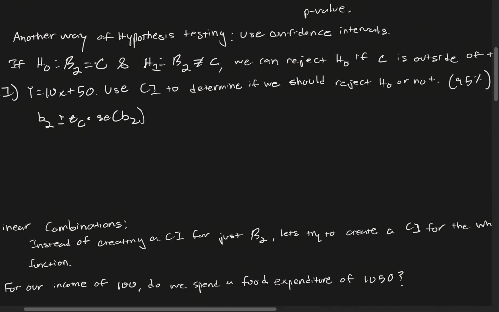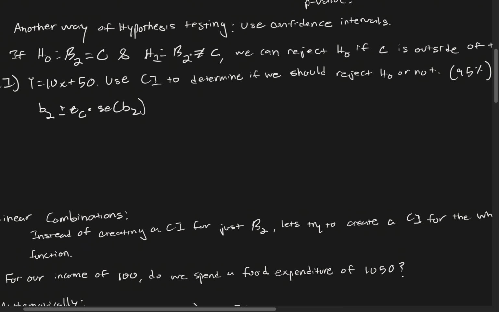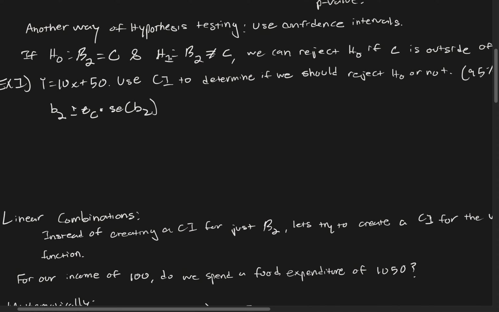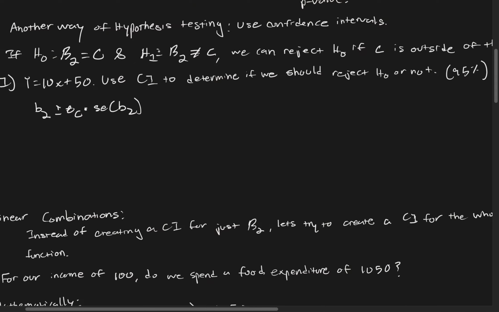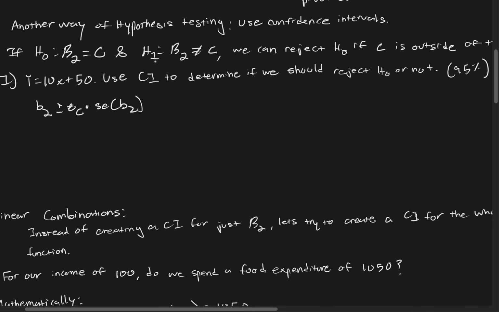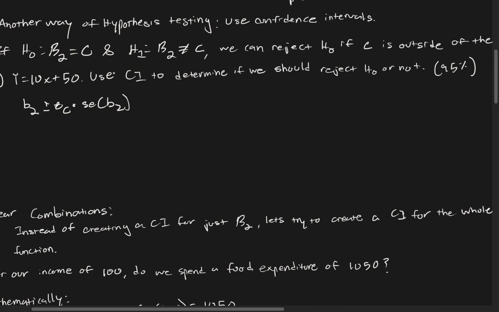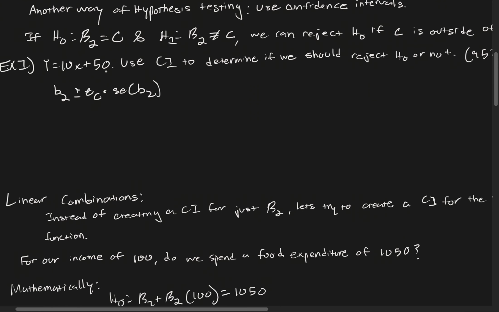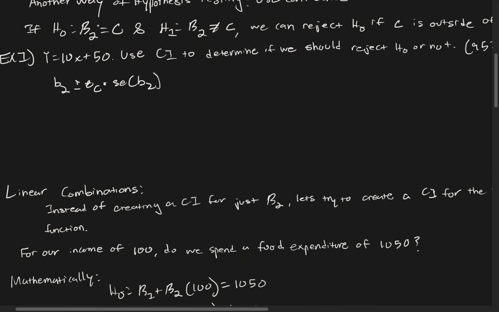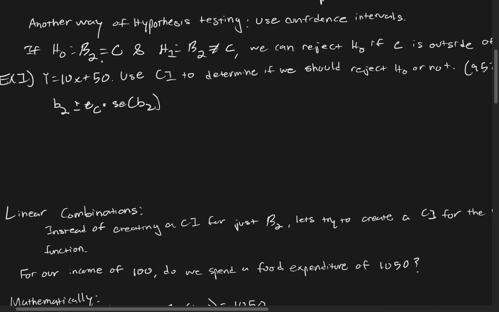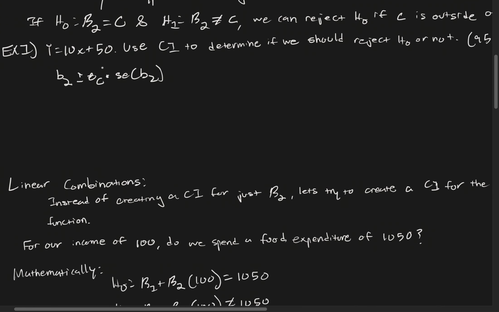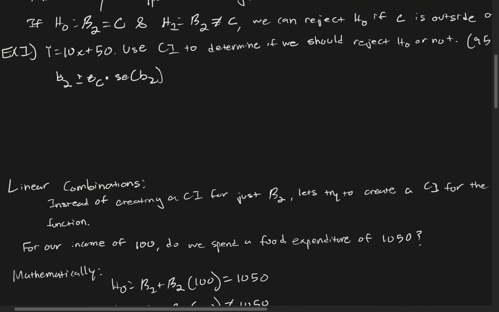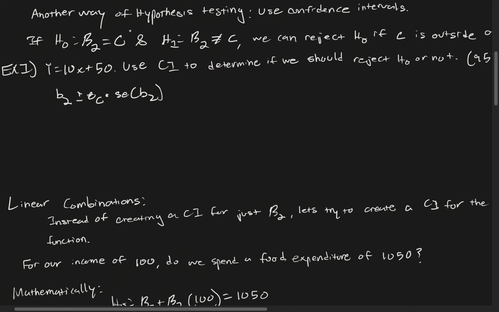I didn't make it clear here because I just said C, but we're creating the confidence interval around 10, not 0, because our estimated coefficient is 10, while our null hypothesis is still saying that income does not have an effect on food expenditure.